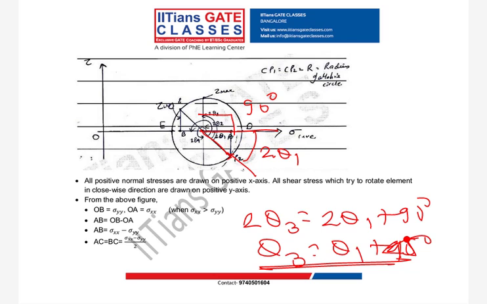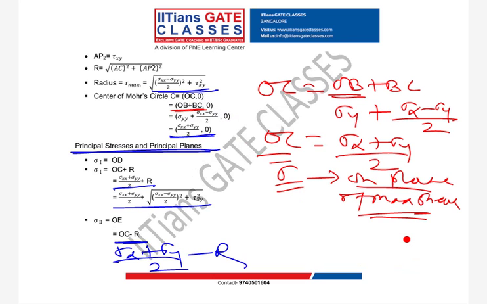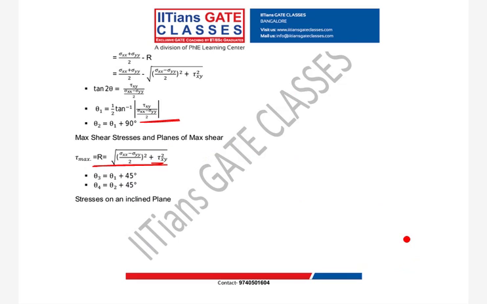So now you know the angle is theta 1 plus 45 degrees. And theta 4 is nothing but theta 2 plus 45 degrees, or theta 1 plus 135 degrees. Now next, it is important to find stresses on an inclined plane.